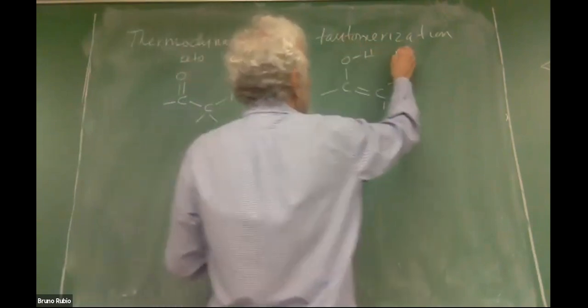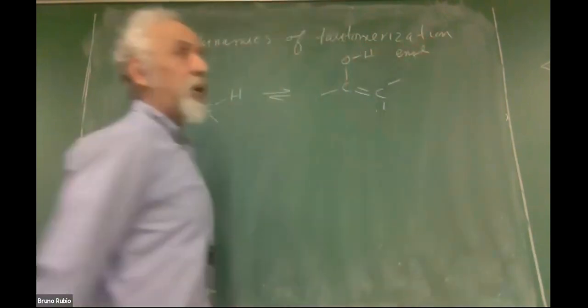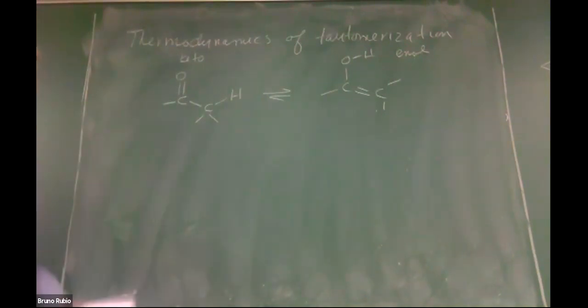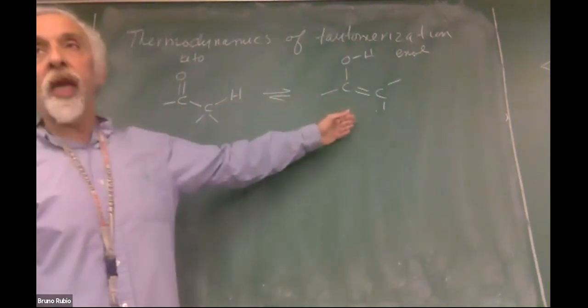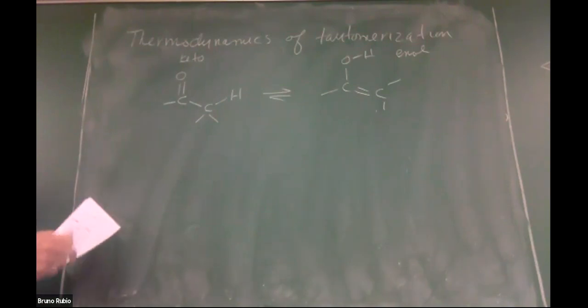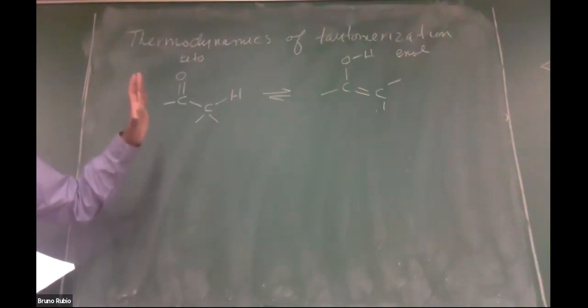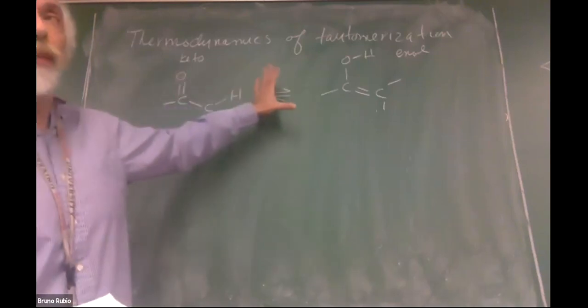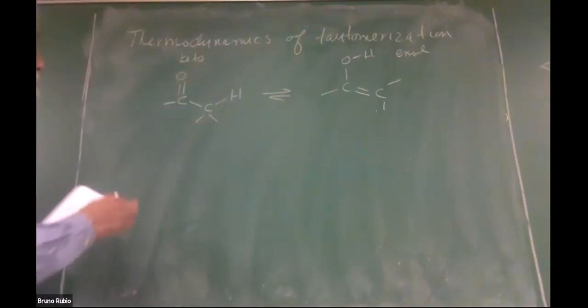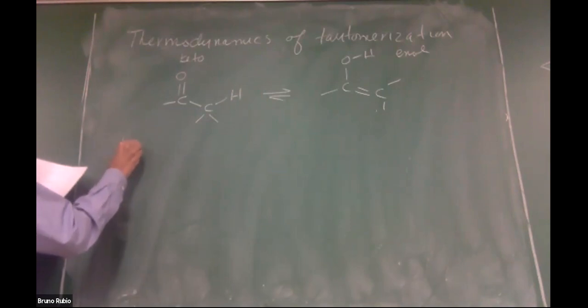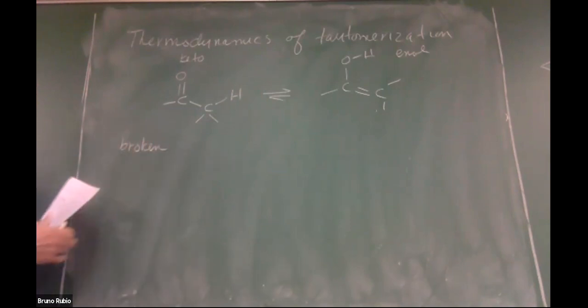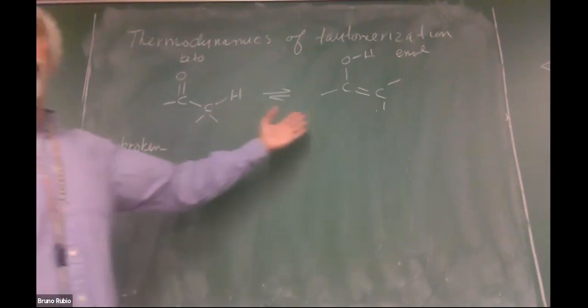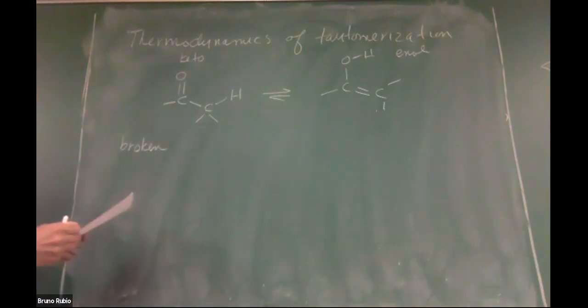Right, that's the enol tautomer, and it would be nice to know, well, in solution, do I have more keto tautomer, do I have more enol tautomer? One way is to look at the thermodynamics of this reaction. What were the bonds that were broken going from the keto tautomer to the enol tautomer?